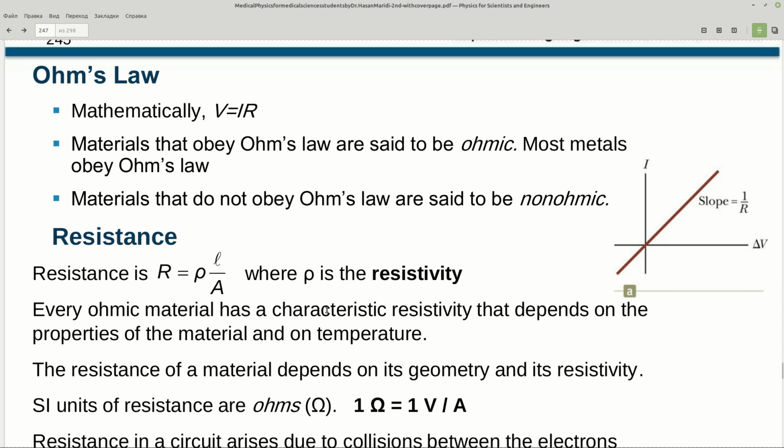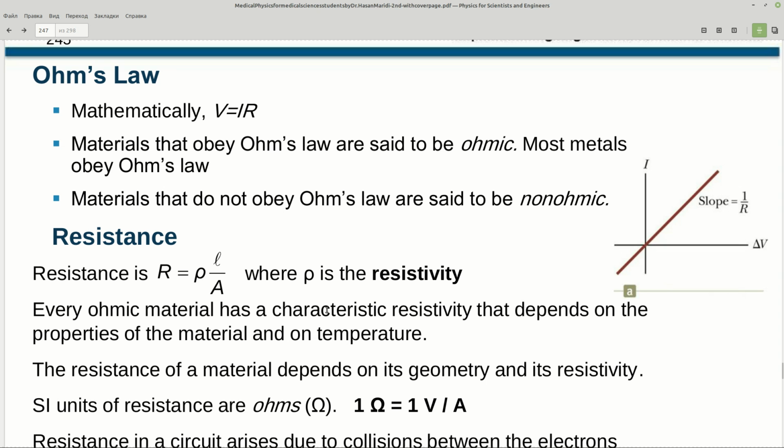After all mathematical transformations, we will receive 2.5 multiplied by 10 to the power of 7 ohm. Yes, it's actually a big resistance.